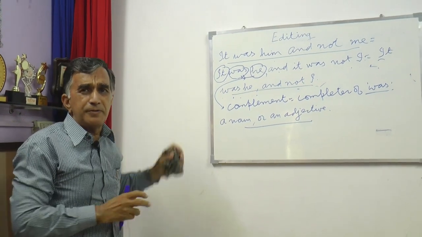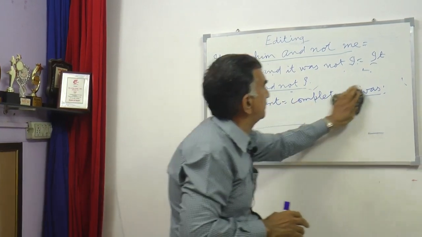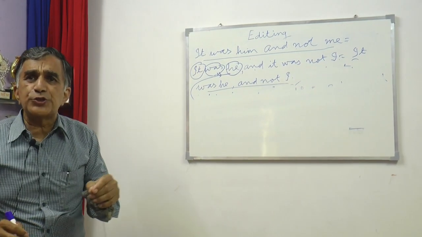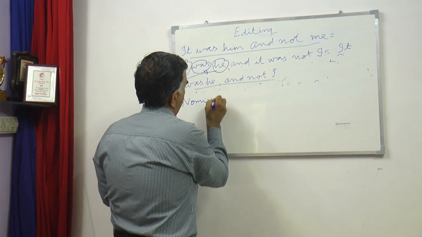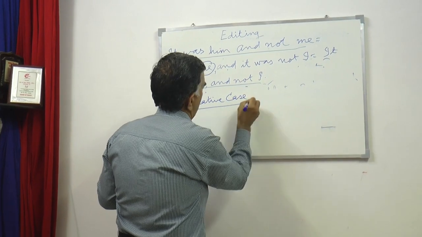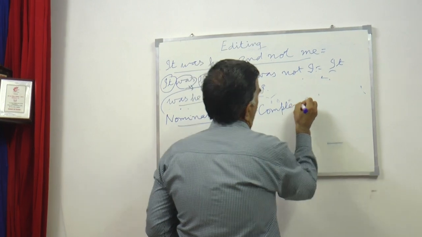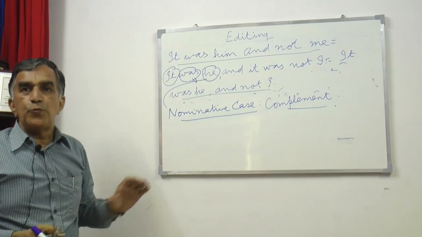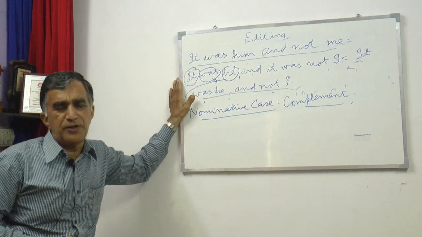When the complement is a pronoun, as is the case here, the pronoun has to be in the nominative case. When we have a pronoun as complement, it has to be in the nominative case.